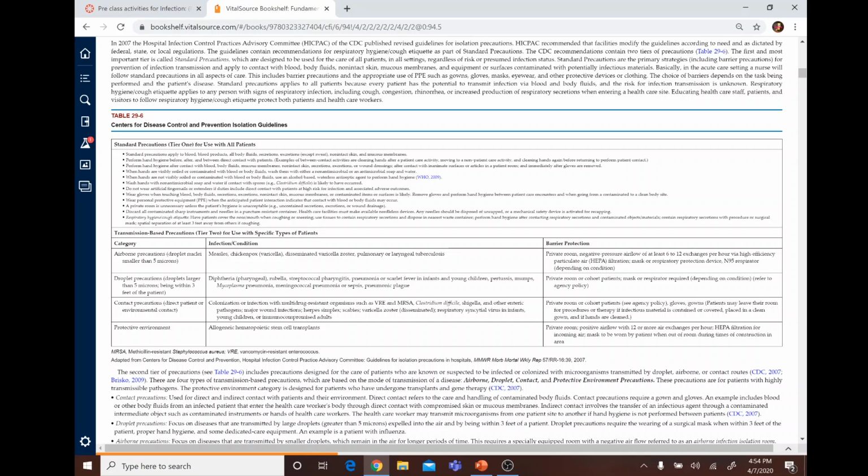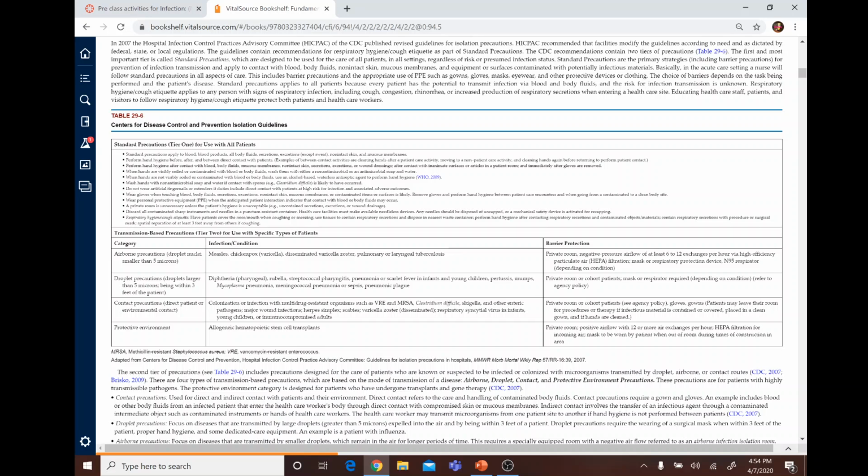What types of infections or conditions require droplet precautions? Diphtheria, rubella, streptococcal pharyngitis, pneumonia or scarlet fever in infants and young children, pertussis, mumps, mycoplasma pneumonia, meningococcal pneumonia, sepsis, pneumonic plague. What are the barrier protections for these? Private room or cohort patients, mask or respirator required.